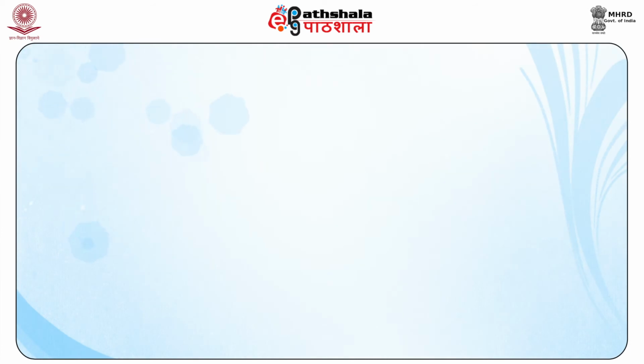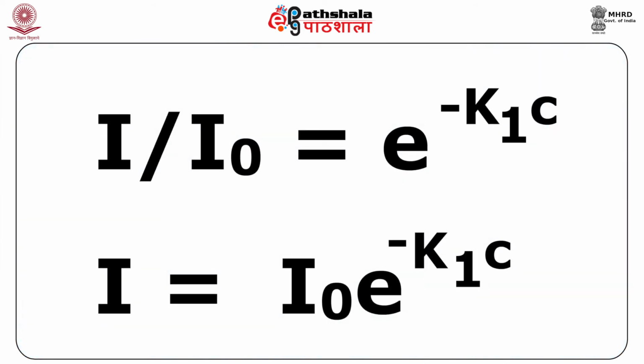Lambert-Beer's law can now be stated by combining the two equations, that is equation 2 and equation 4. The law states that the rate of decrease in the intensity of the incident light is directly proportional to the concentration and path length traveled by the incident light.